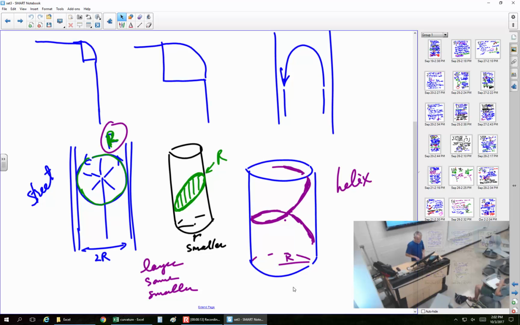All right. So the helix and the parking garage ramp is what we're talking about right now.